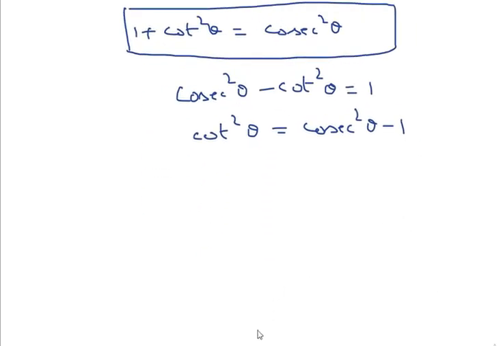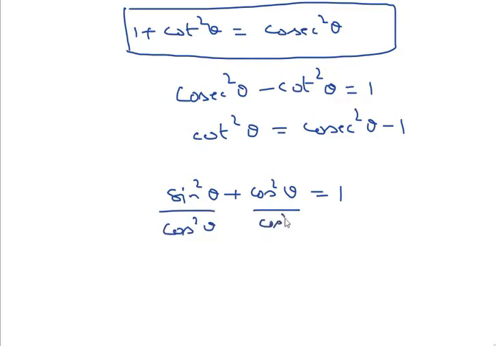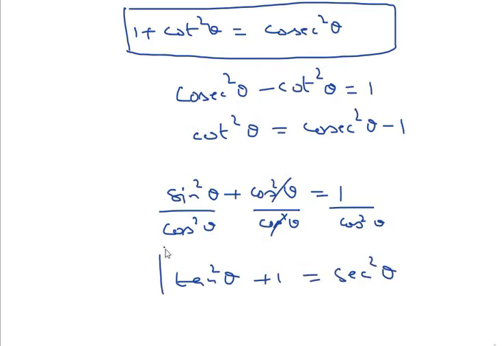And one more time I am using the relation sin square theta plus cos square theta is equal to 1. Now what I am doing right now, I am just dividing the whole equation by cos square theta on both the sides. So by solving this, it will be tan square theta, the other term will be cancelled out, plus 1 is equal to sec square theta, and you are getting the third identity.